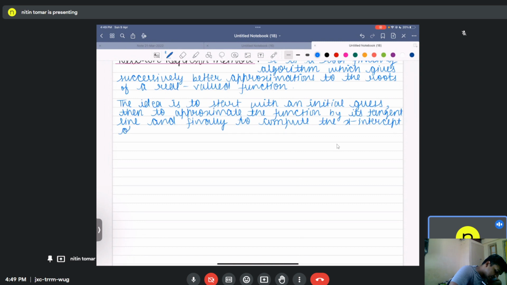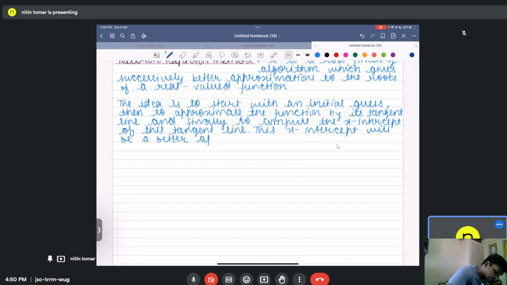This x-intercept of this tangent line will be a better approximation to the root and the next iteration in the Newton-Raphson method.